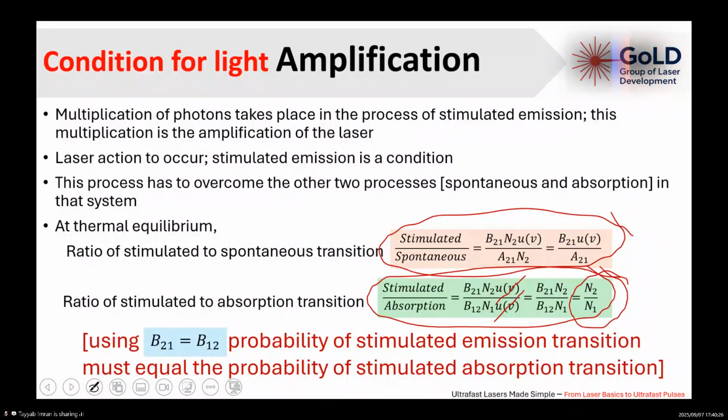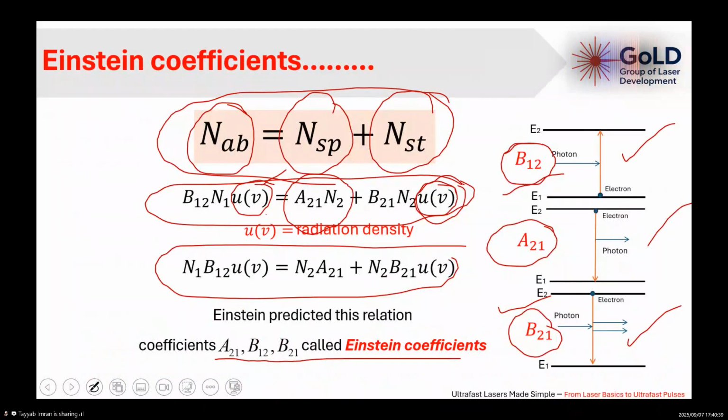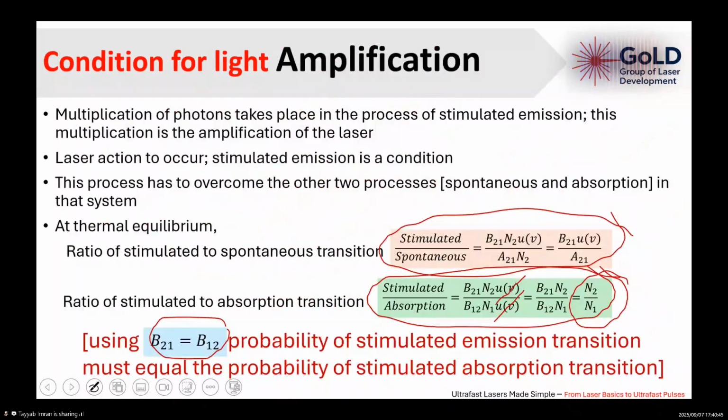If we assume that B21 and B12 are equal, you go back, this is B12 in case of absorption, and this is B21 in the case of stimulated emission. If B21 and B12 are equal to each other, because in both cases radiation is coming from outside, then the probability of stimulated emission transition is equal to the probability of stimulated absorption transition.